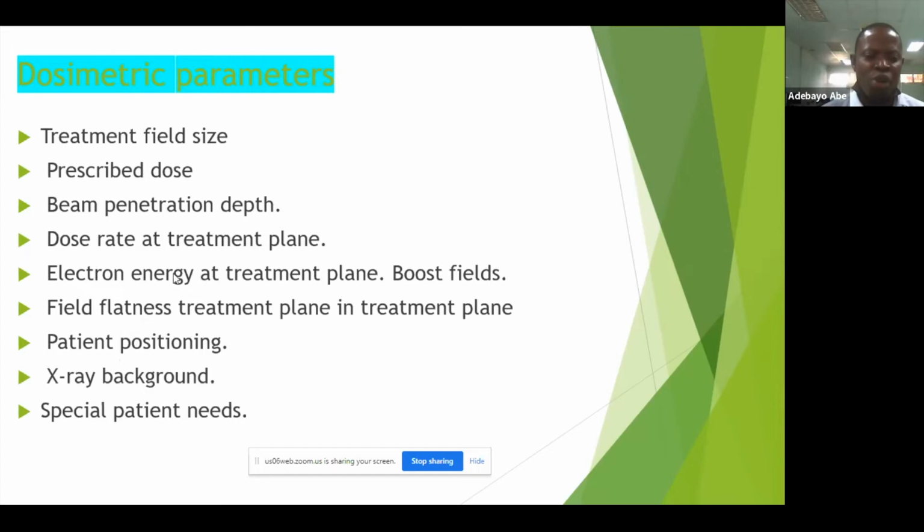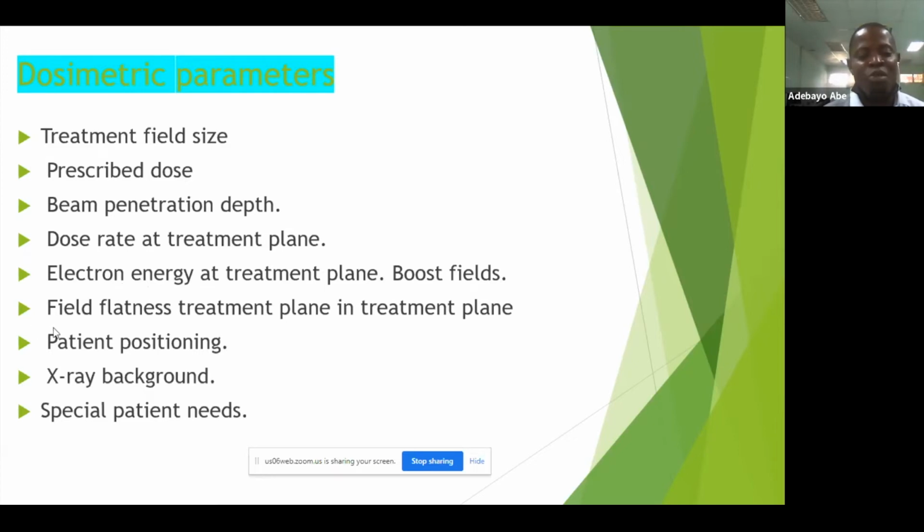You have to evaluate that, it's another parameter, to know that so far you are using a larger field from the S1 and S2, the dose between the extreme and the midpoint must be similar. That is, must not be less than 5% or 7%. Some 10% difference is allowed. You must get your patient positioning very well.